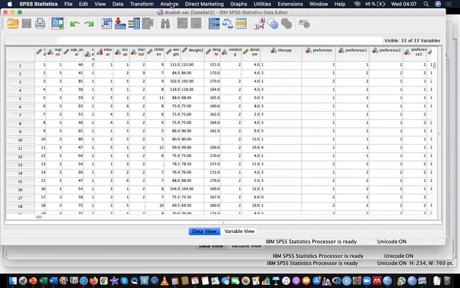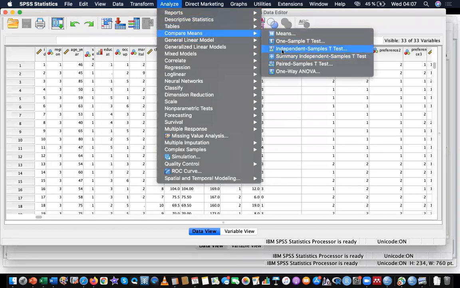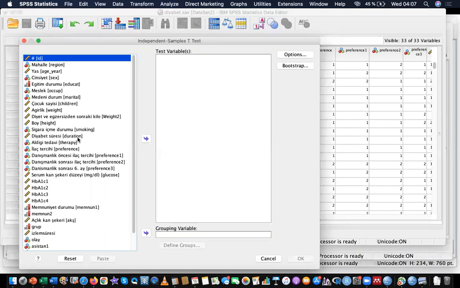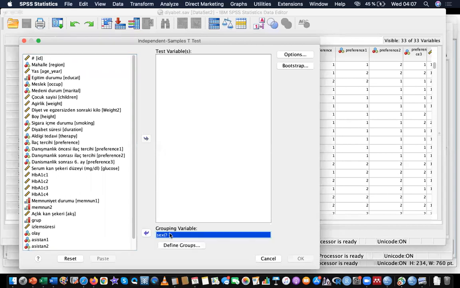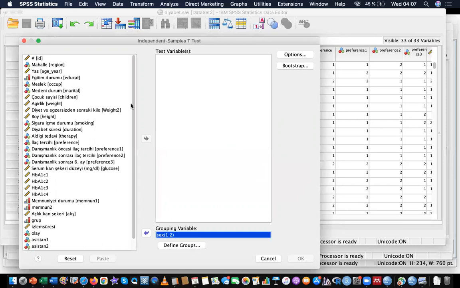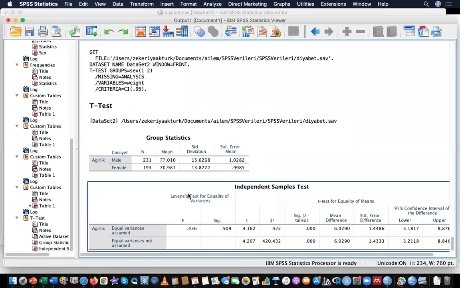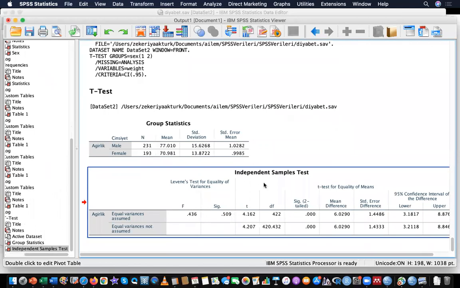If I perform analyze, compare means, the independent samples t-test, which we also call the Student's t-test, and I want to compare a numerical variable, for example weight, between males and females, I have this output here.